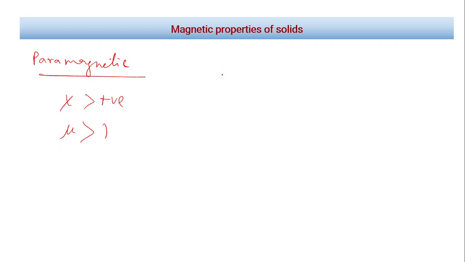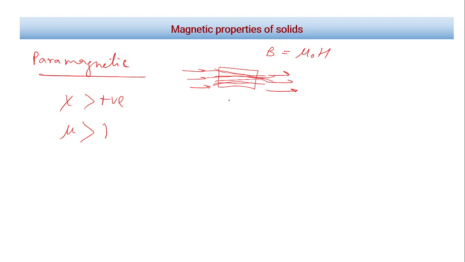So the magnetic lines of force tend to pass through such materials, and magnetic flux density is more inside the material. Outside the material, the magnetic flux density will be given by this, where this is the permeability of free space. Inside the material, these are continuous actually. They tend to pass through the material, so magnetic flux density here increases. That is what it means for paramagnetic materials.